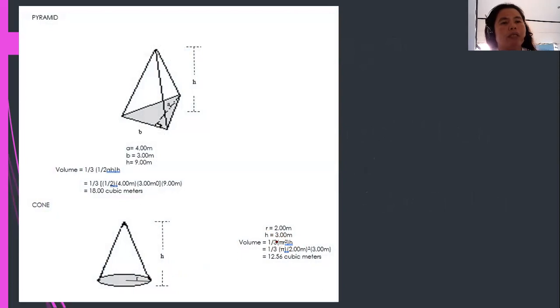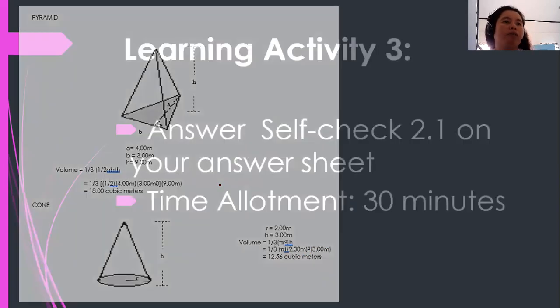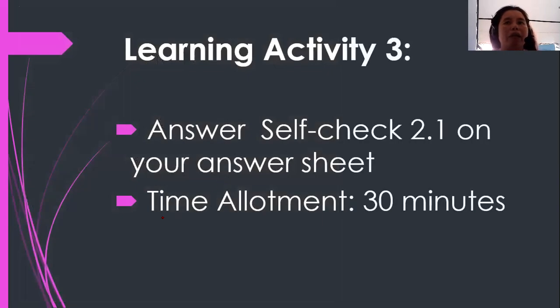The formula of this is 1/3 times pi r squared times height, where 1/3 times 3.14 times 2 meters raised to second power and times 3 meters. So the answer is equivalent to 12.56 cubic meters. Okay, so that's for the information sheet 2.1.